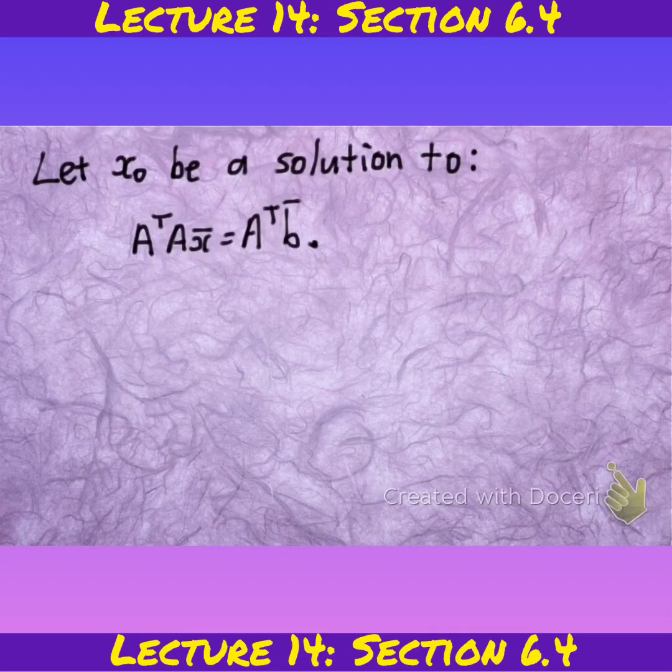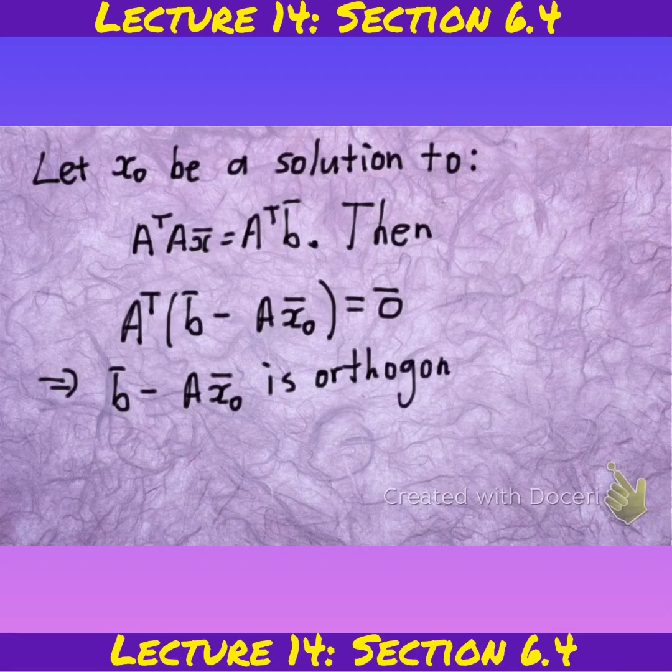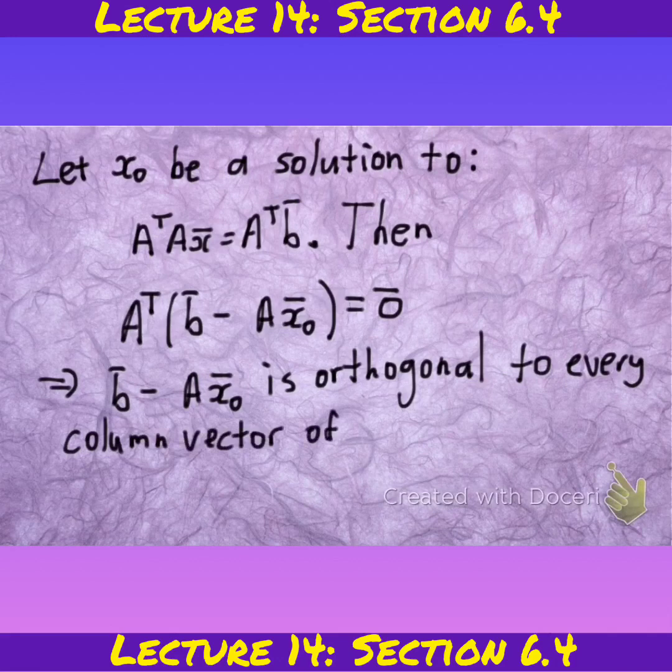If we take x0 to be a solution to that system, then we've got this situation where that is the 0 vector, and this implies that this column vector is orthogonal to every column vector of A.